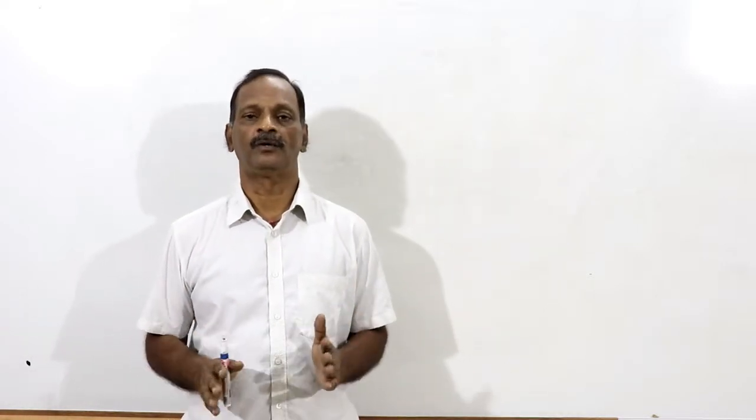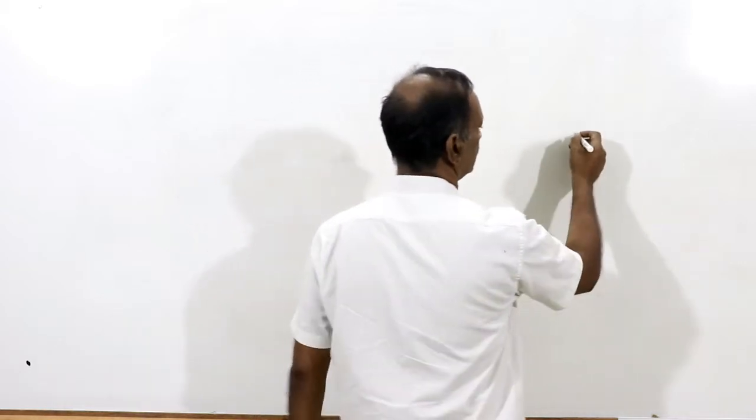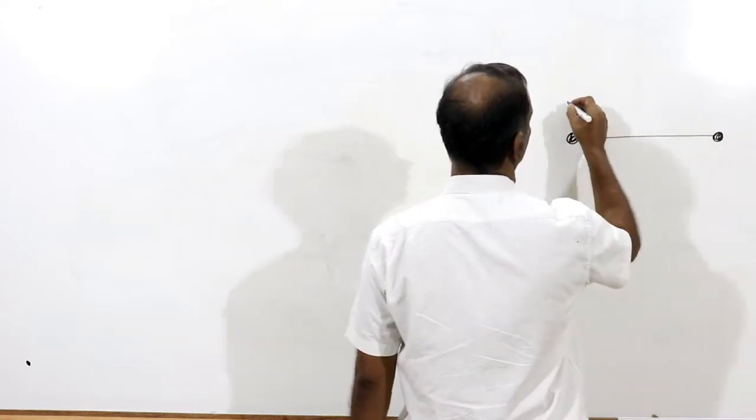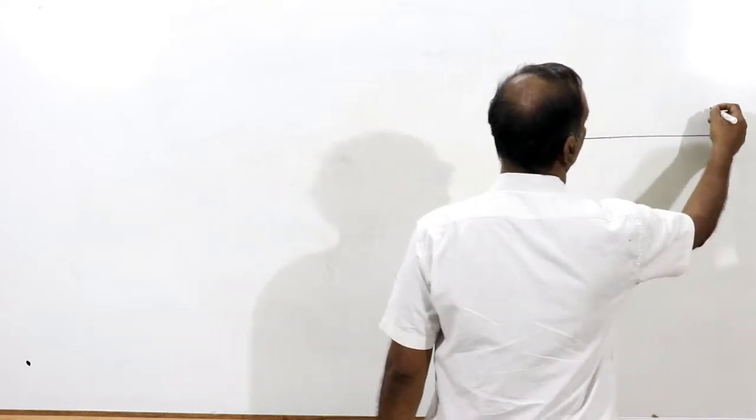Now we are going to calculate how to find the COM if the origin is changed. Suppose there are two masses, 2m and 4m.